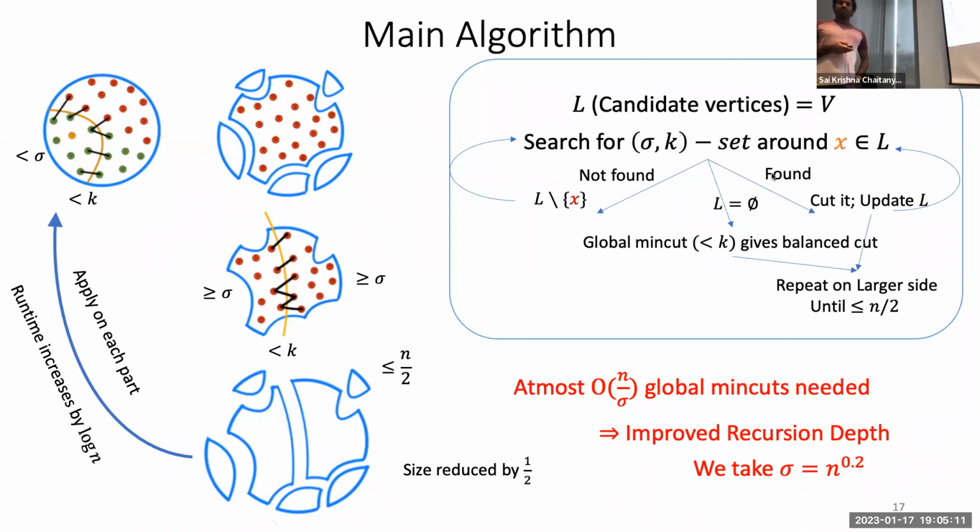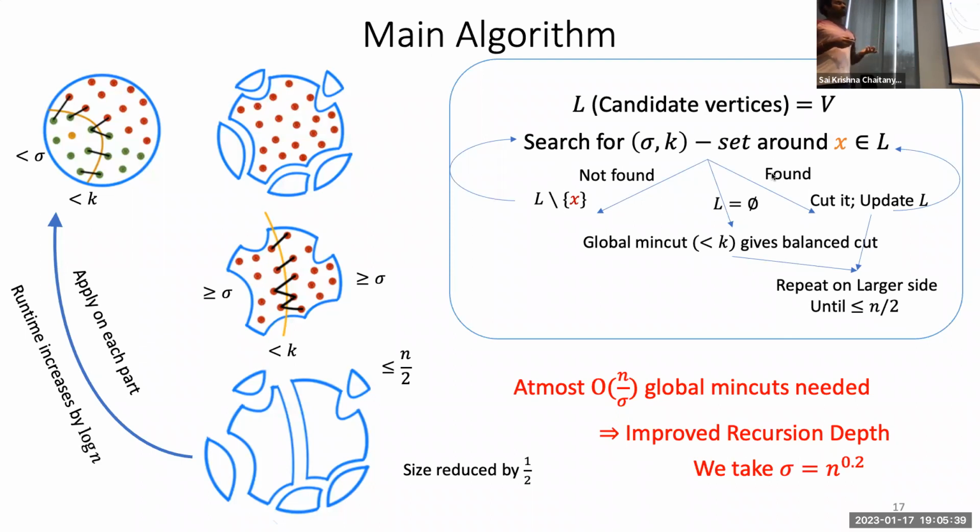Is there any doubt? What about computing the local cuts? So let's see how many local cuts we need to compute. Initially we start with all the vertices, so we have n many local cuts to compute. But each and every time we cut something, we are adding boundary vertices. How many more vertices can we add into the candidate set L is basically the number of edges, because we remove an edge, we add a vertex.